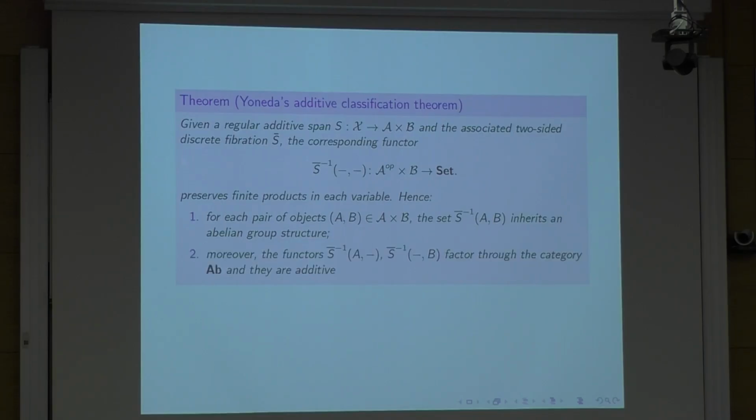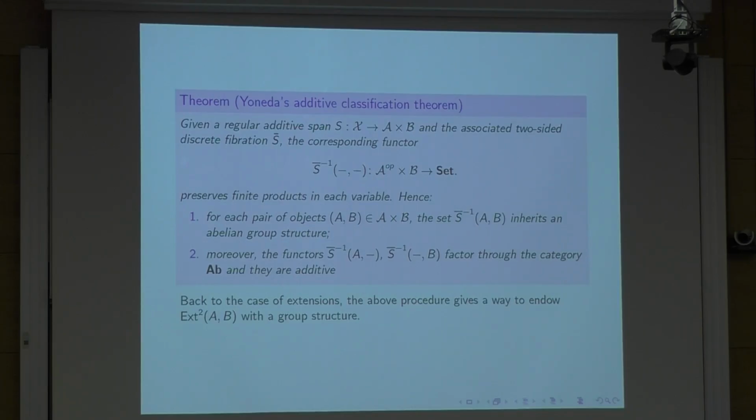Moreover, if you fix any variable, you get functors S bar minus 1 with fixed A, and on the other side you fix B, that factor through the category Ab, the category of abelian groups, and then they are additive functors.